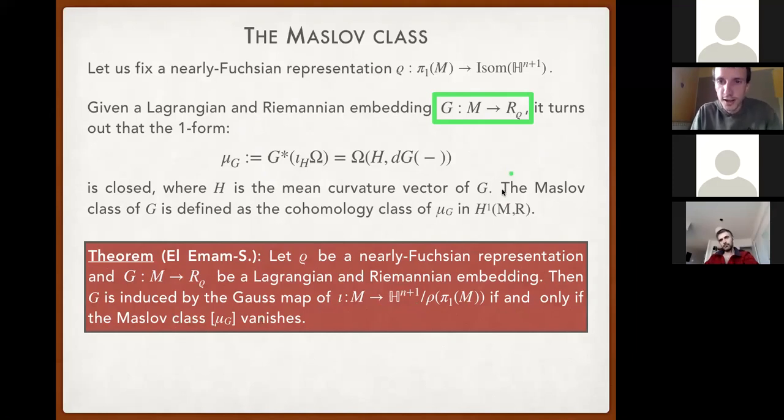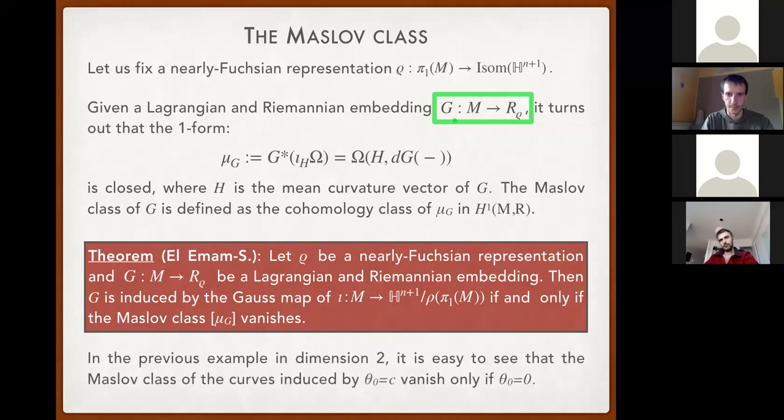Okay, so the Maslov class of this embedding is precisely the obstruction to rho equivariance. If you look at things in the universal cover, it is the obstruction to rho equivariance in H to the n plus 1.